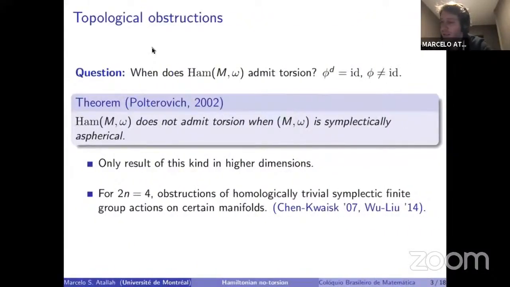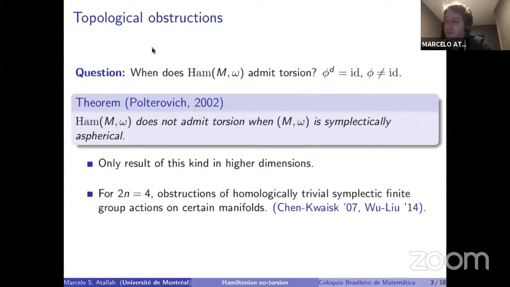So like I said at the beginning, we're interested in the following question: whether torsion exists in the group of Hamiltonian diffeomorphisms. And by torsion, I mean a non-trivial Hamiltonian diffeomorphism of finite order.